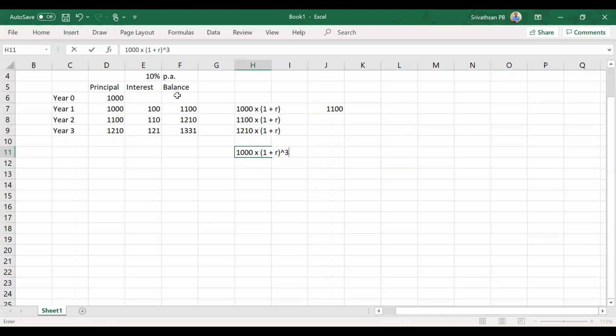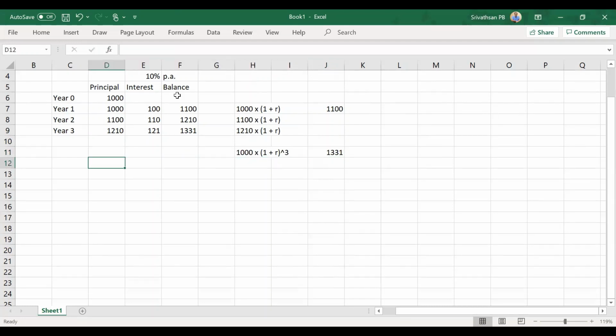So to the power 3, if you do the calculations, 1000 into 1 plus 0.1 to the power 3, that is 1331.